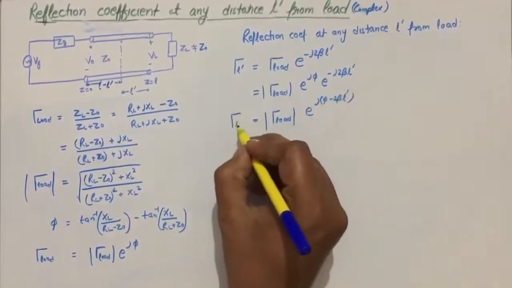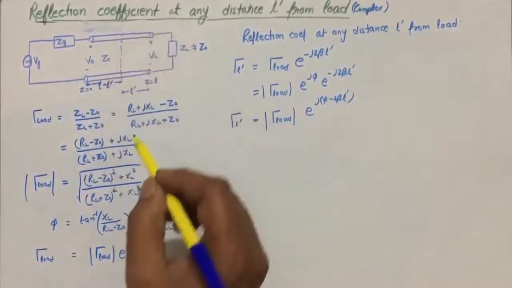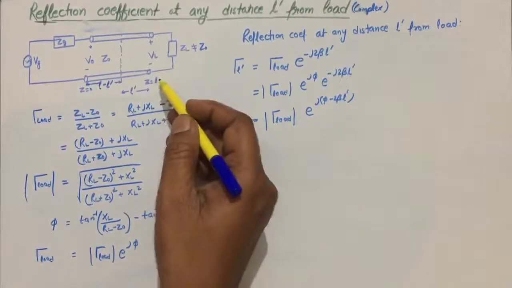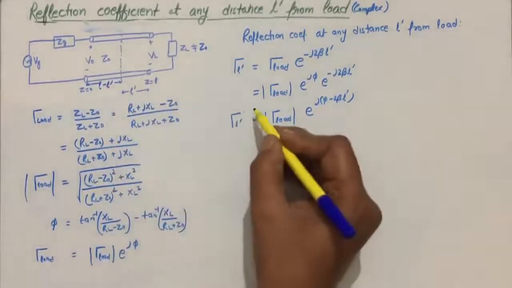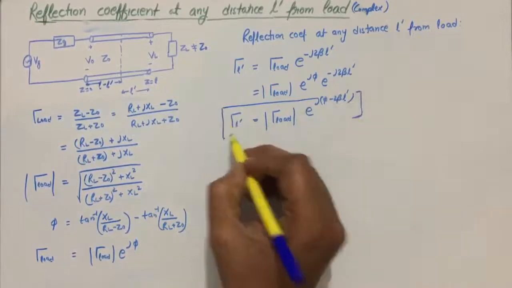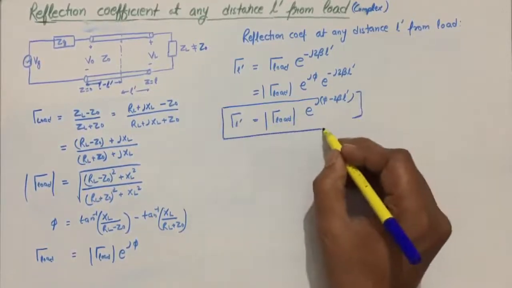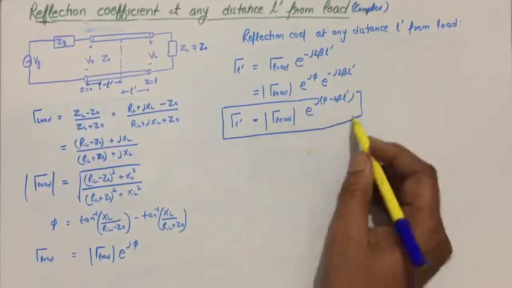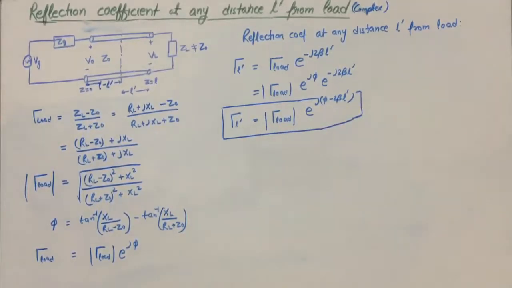So it will be the reflection coefficient at any particular length L dash from the load side. This is for a complex load, when the load is other than only resistive in nature. Okay, and this is the reflection coefficient at the load side.